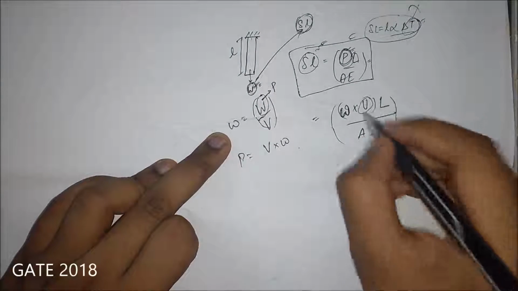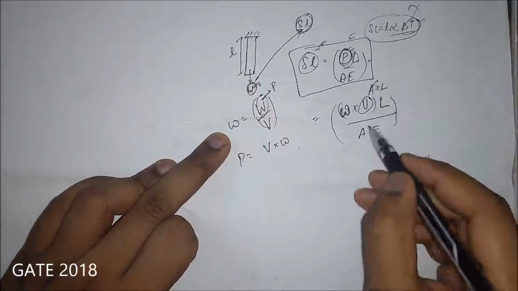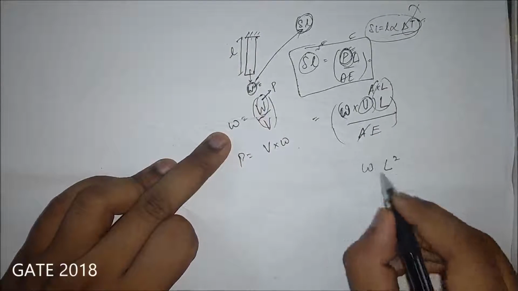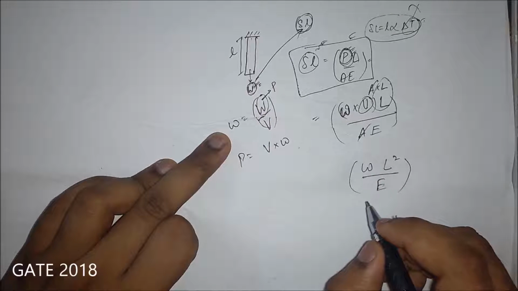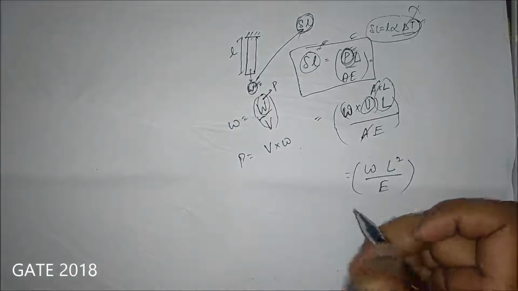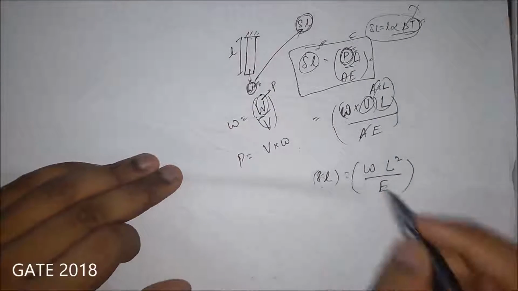Now volume can be written as area into length. Area will get cancelled, length will become squared. So weight density into L squared by E. Now this is nothing but the change in length.